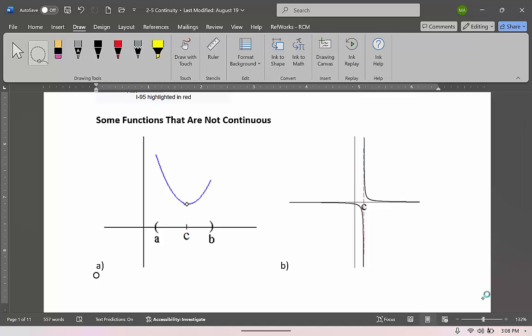So this first function here, we can see it's discontinuous at this point C because there's a hole in the graph at C. Okay, so that's a gap. And in terms of limits, we can see that if we approach that point C from the left, or if we approach that point C from the right, we are approaching the same limiting value.